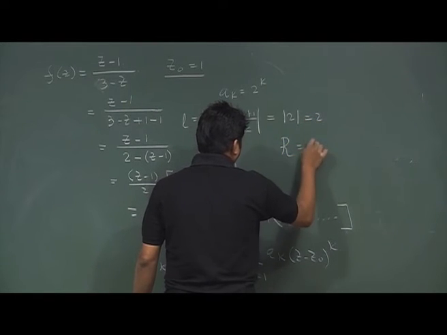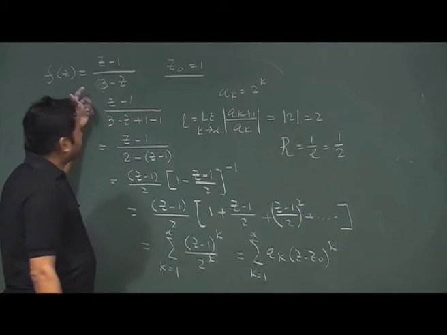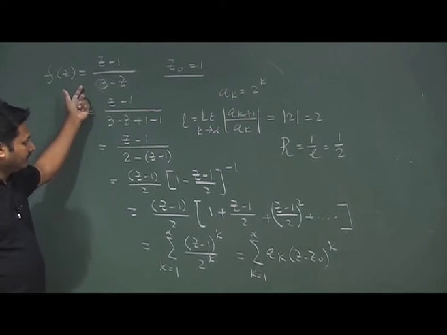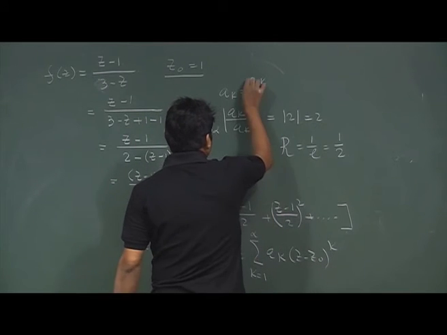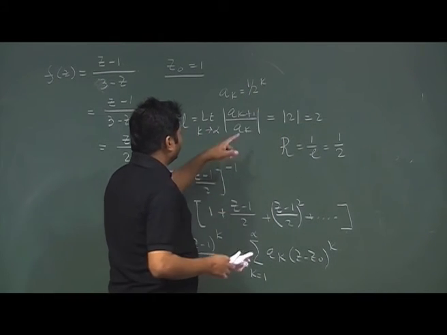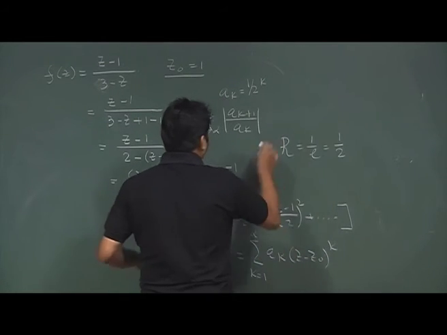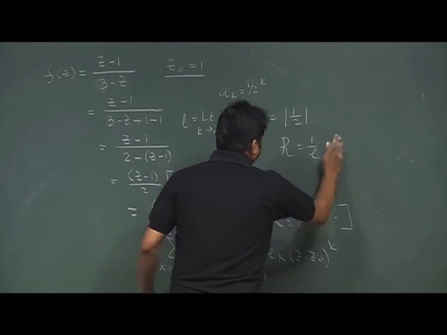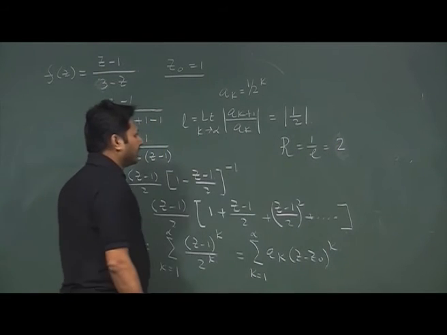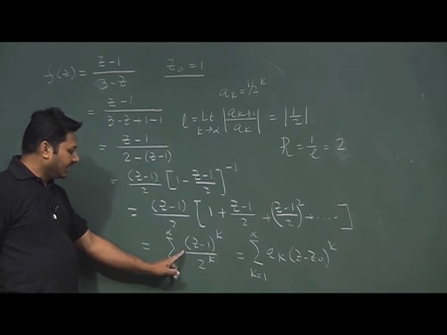R seems to be 1 by L, which is half. Sorry, one thing: a_k is 1 by 2 to the power k, so here it will be just mod of 1 by 2, and L will be 2 and R is 1 by L. It seems to be correct, because the coefficient is here in the denominator. So, a_k is 1 by 2 to the power k.